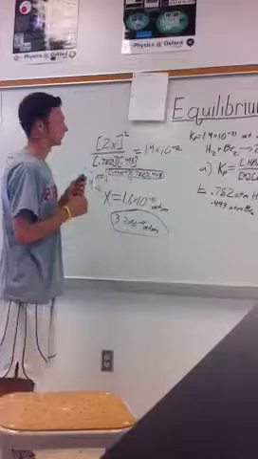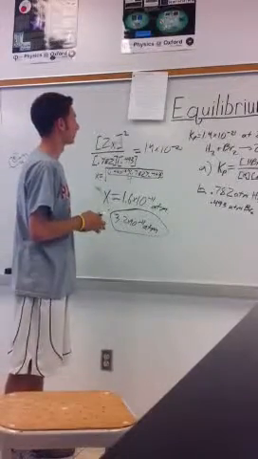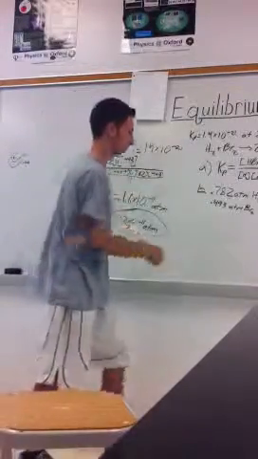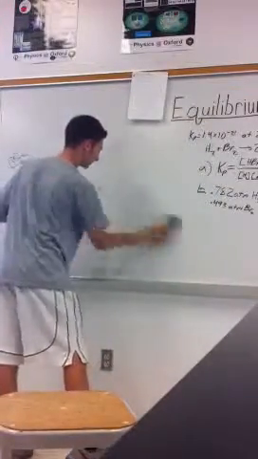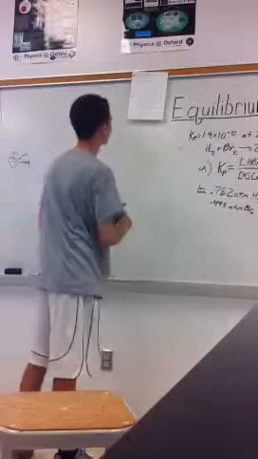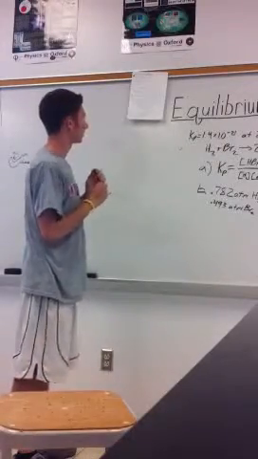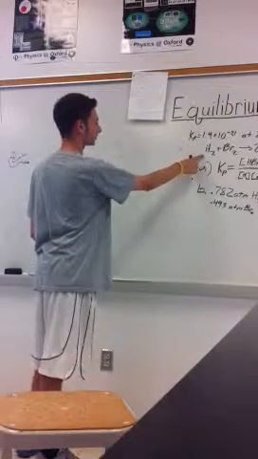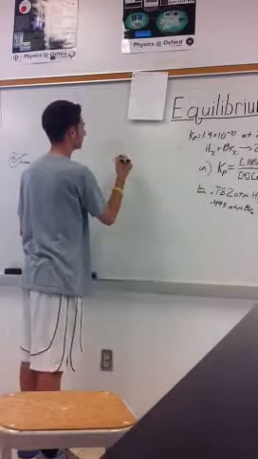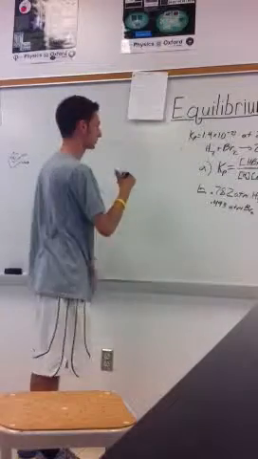So you have to calculate Kp for half of the reaction. Let me erase some of this because it's done now. Calculating Kp for a half reaction. So the half reaction of H2 plus Br2 yields 2HBr would be, well, actually this is the reverse reaction.